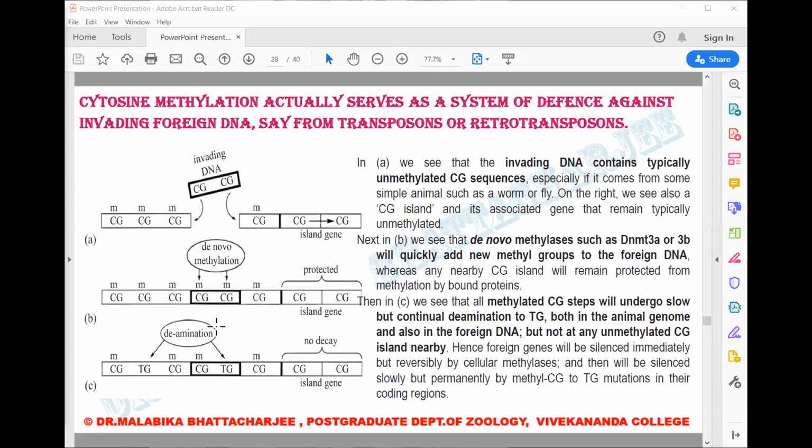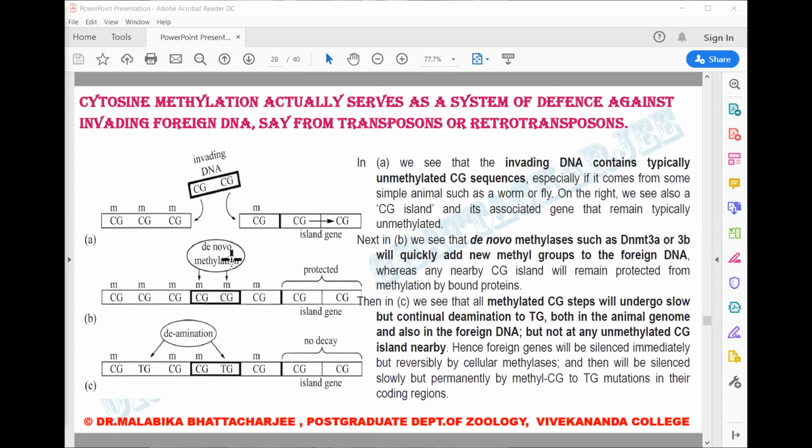Now this basic mechanism, where methyl cytosine is spontaneously deaminated to give rise to thymine, has been used as a defense mechanism. Look at this example. This is an invading DNA having a CG dinucleotide. The moment the invading DNA gets inserted into this blank space, the Cs are automatically methylated by the de novo methylases.